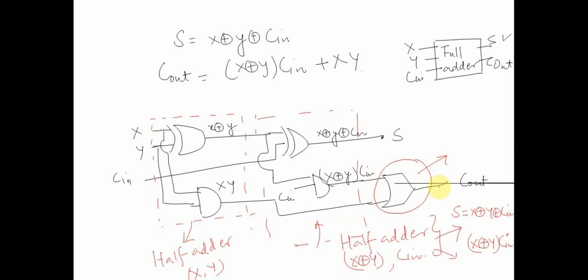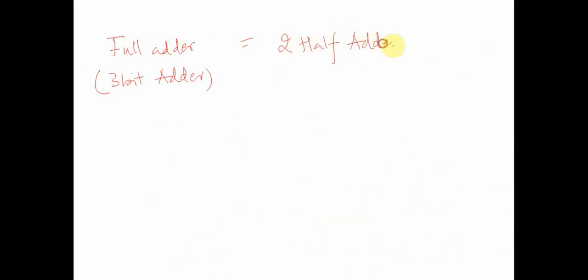So what we saw over here is our full adder, which is nothing but a 3-bit adder, can be formed using two half adders plus one OR gate. And intrinsically we saw this is being formed using one XOR gate plus one AND gate.